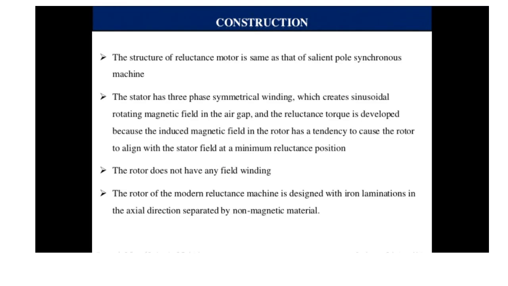Construction. The structure of the reluctance motor is the same as that of a salient pole synchronous machine. A stator has three-phase symmetrical winding which creates a sinusoidal rotating magnetic field in the air gap, and reluctance torque is developed because the induced magnetic field in the rotor has a tendency to cause the rotor to align with the stator field at a minimum reluctance position.